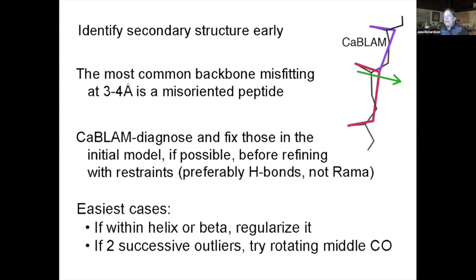And so kablam gets a lot of false positives in loops, and it's harder to know what to do with them. But if you can at least fix up the things in secondary structure or with adjacent kablams, you'll fix a number of the problems. And then at that point, you can start putting restraints on them to keep them good.